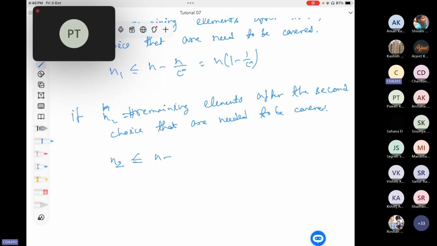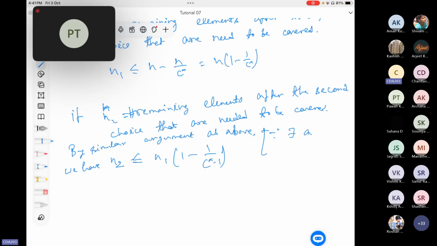By similar argument above, we have that n2 is nothing but n1 times (1 minus 1 by C star minus 1). Why?